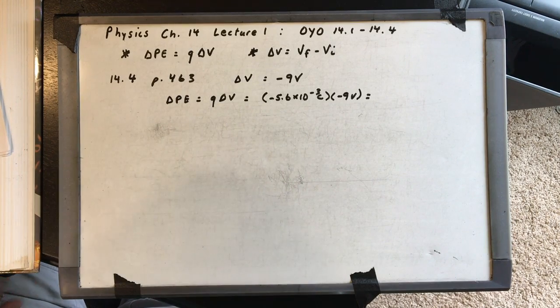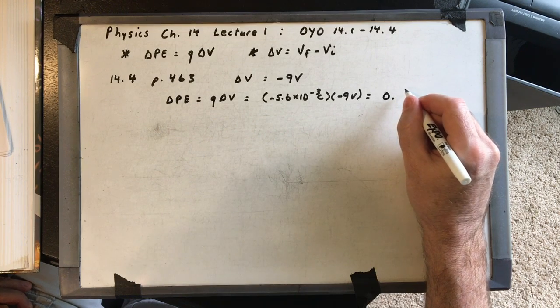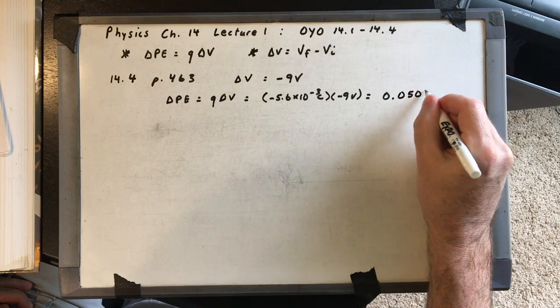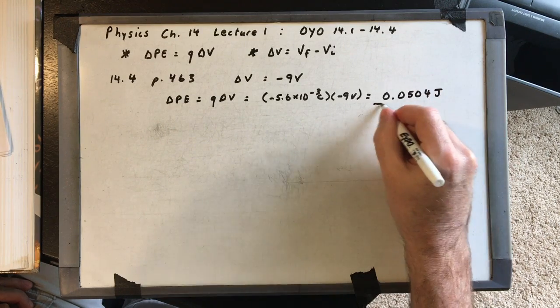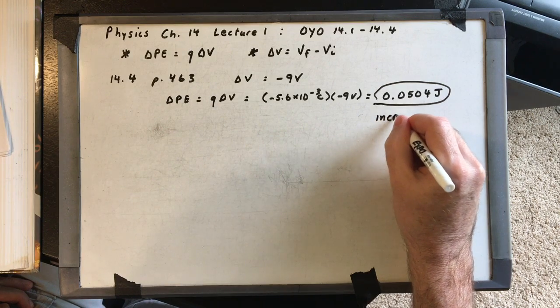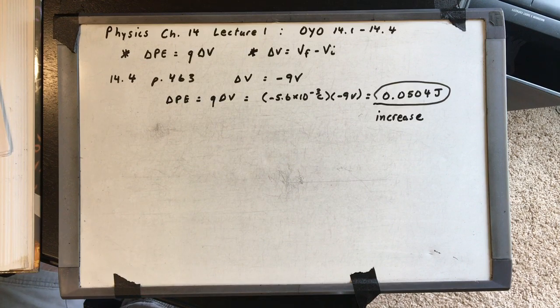Put that in your calculator, you get a much more reasonable number, 0.0504 joules. And since it's positive, that's an increase in potential energy. So that finishes the initial lecture.